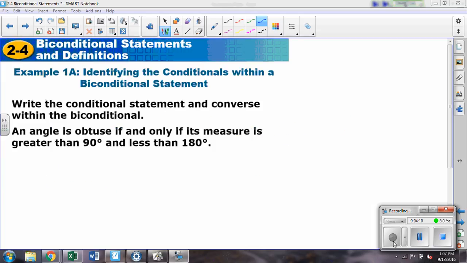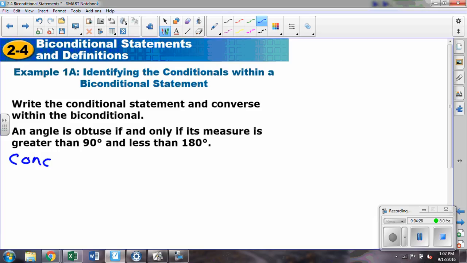Okay, now the first type of thing we want to do is just write out a conditional and write out the biconditional. So, based on this biconditional, an angle is obtuse if and only if its measure is greater than 90 degrees and less than 180. What would the conditional be? Remember, the conditional is the forward direction, so we still need to identify hypothesis and conclusion.